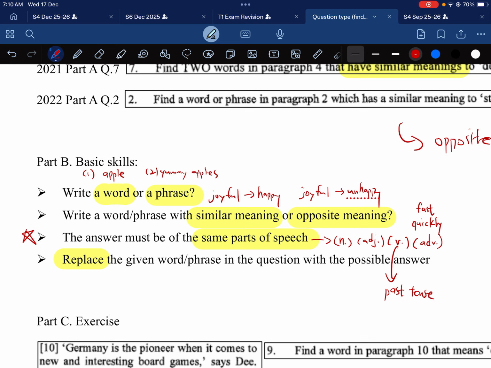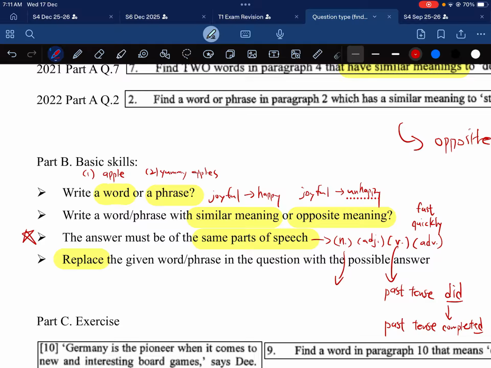For example, did. Then you are also looking for the answer in past tense. For example, okay, completed. Of course, they are not of a very similar meaning. Then they must be in the same tense if this is a verb.